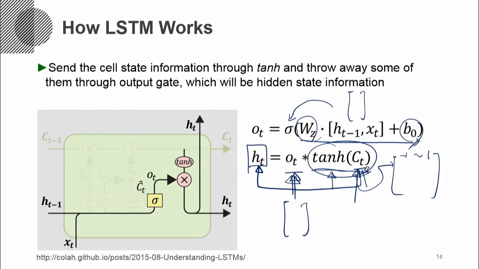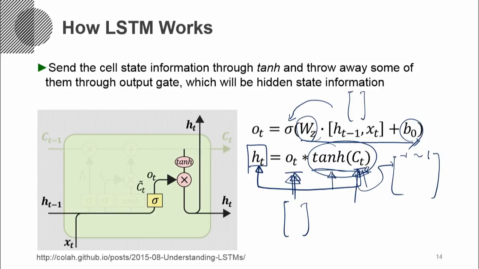In this process, by using this output gate, we can view that the hidden state vector HT selectively contains some information from the cell state information. So we can view the cell state as containing the full information that might be necessary to generate the outputs in later sequences, but the current time step's hidden state vector can be used to directly generate the current time step's output.